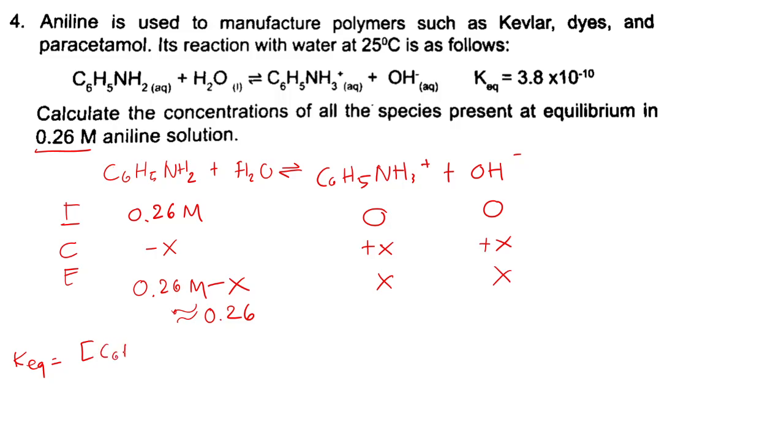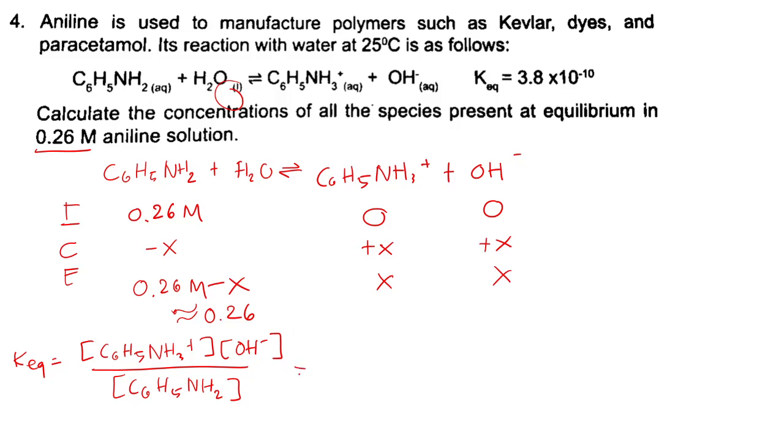We have C6H5NH3 plus times the molar concentration of OH minus over the molar concentration of this reactant, C6H5NH2. Note that H2O is liquid, so again, we don't include pure liquids and solids in our expression.